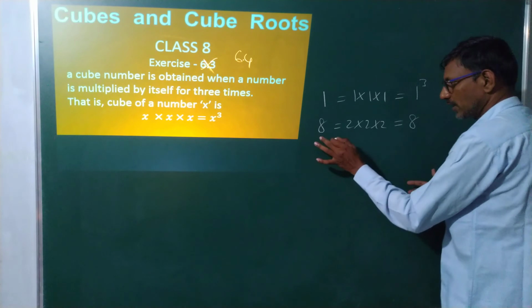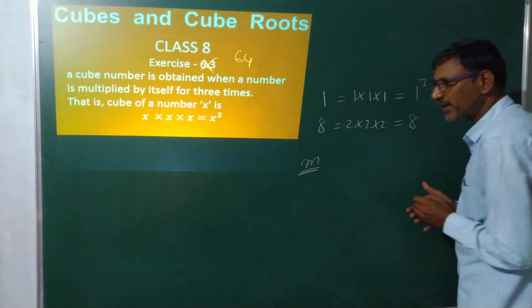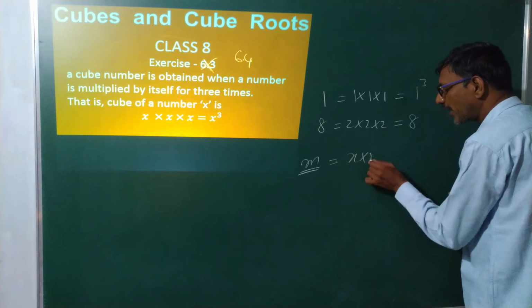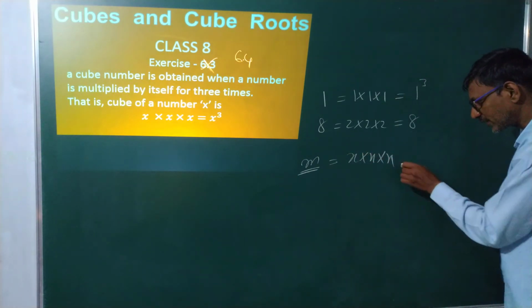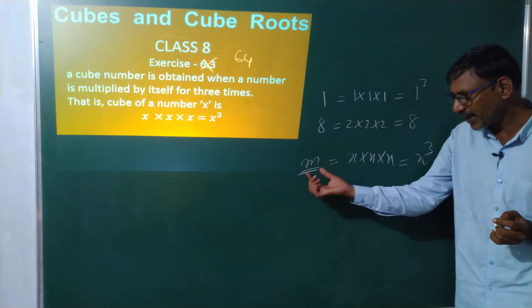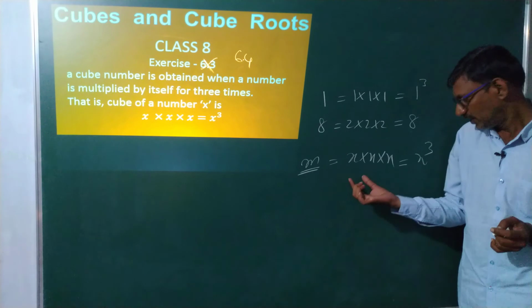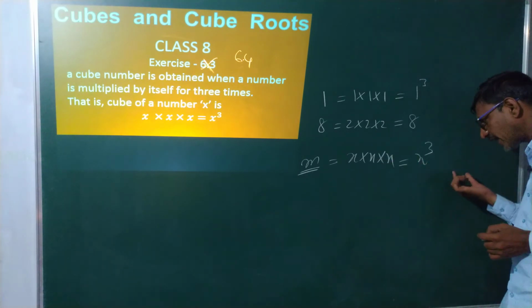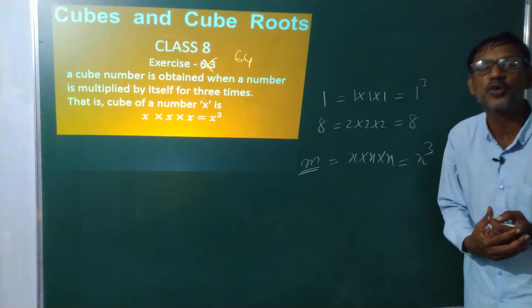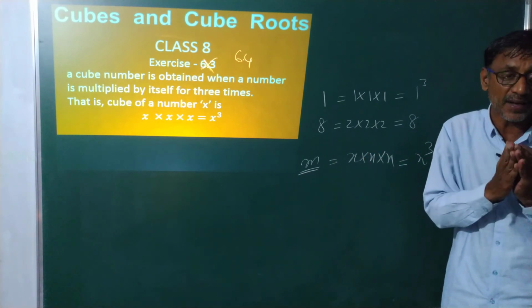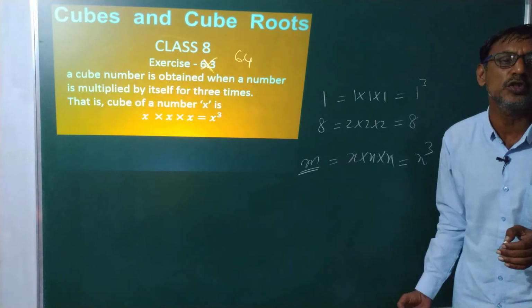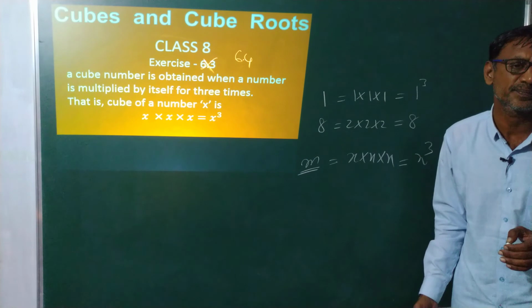Suppose m is a cubic number. This can be expressed as x into x into x, that is equal to x cube. M can be expressed as some x cube where x is some integer. Then m is called a cubic number. At the same time, the equal factor of a cubic number is called the cube root of m.